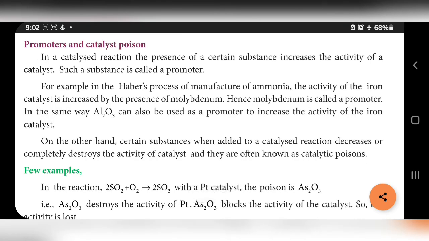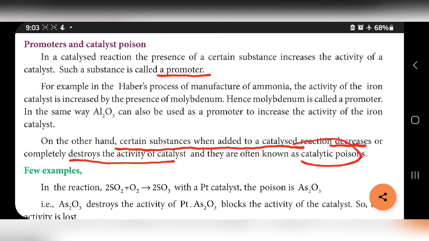Next one, promoters and catalyst poison. Two terms are given. In a catalyzed reaction, the presence of certain substance increases the activity of the catalyst. A third substance added for increasing the activity of the catalyst is called a promoter. On the other hand, a certain substance, when added to the catalyst, decreases or destroys the activity of the catalyst, and that is called a catalytic poison.